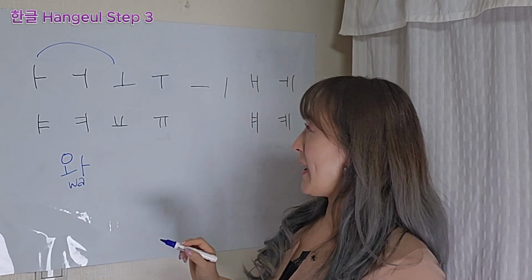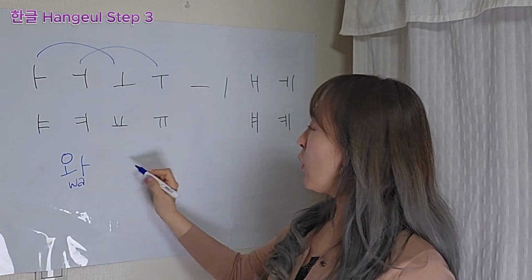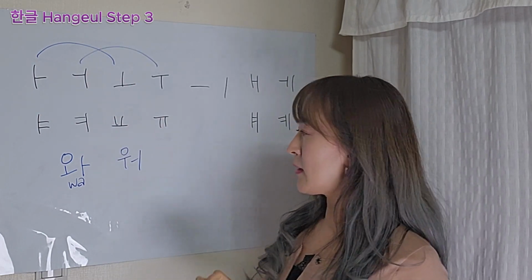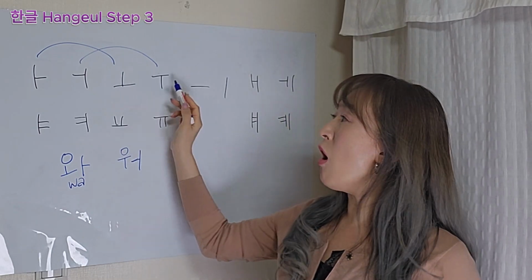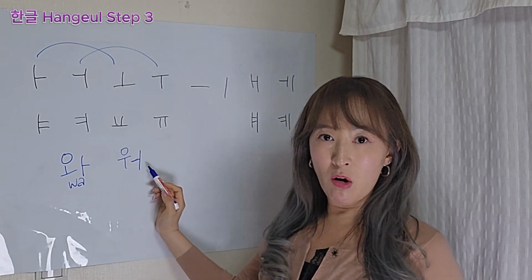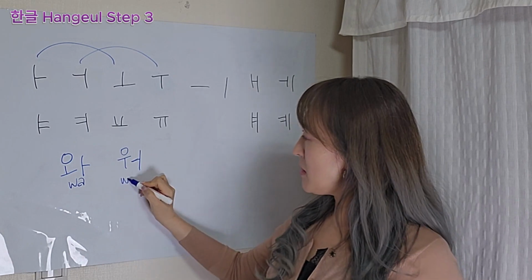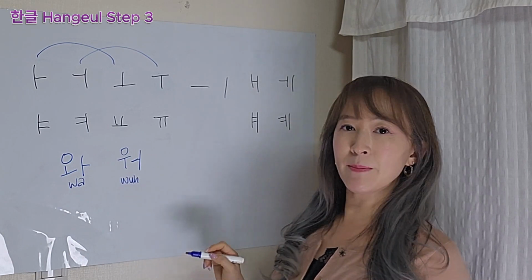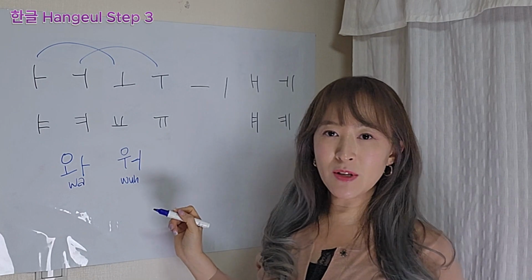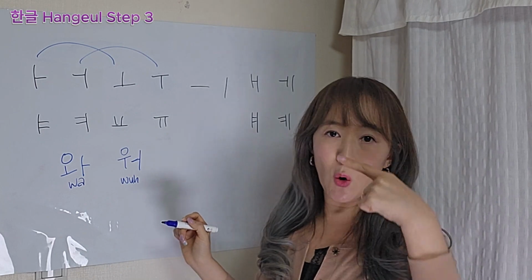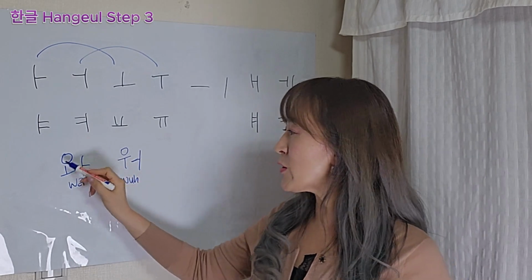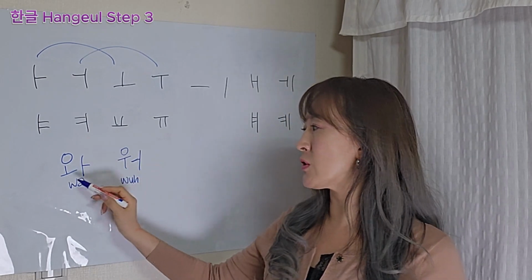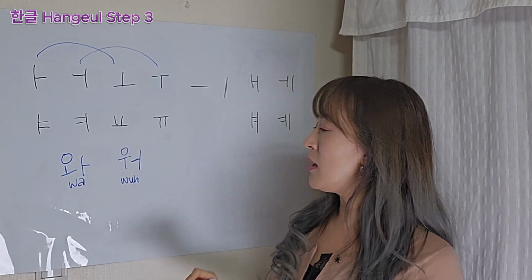And now here, wo, right? Wo. Maybe like this sound. And if you notice here, whenever you have a horizontal vowel and vertical vowel, we always put the horizontal vowel first. So it's always horizontal, vertical, right?